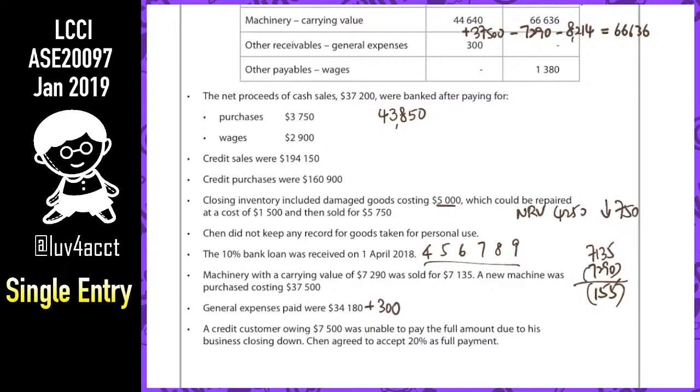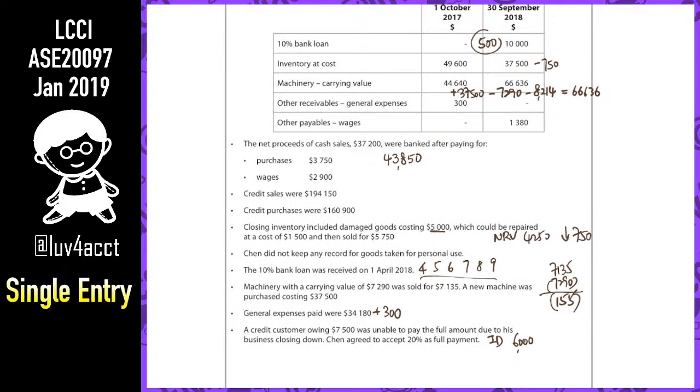Credit customer owing 7500 was unable to pay the full amount due to his business closing down. Chen agreed to accept 20% as full payment. So 7,500, and then 80% will be irrecoverable debt. That is 66,000.